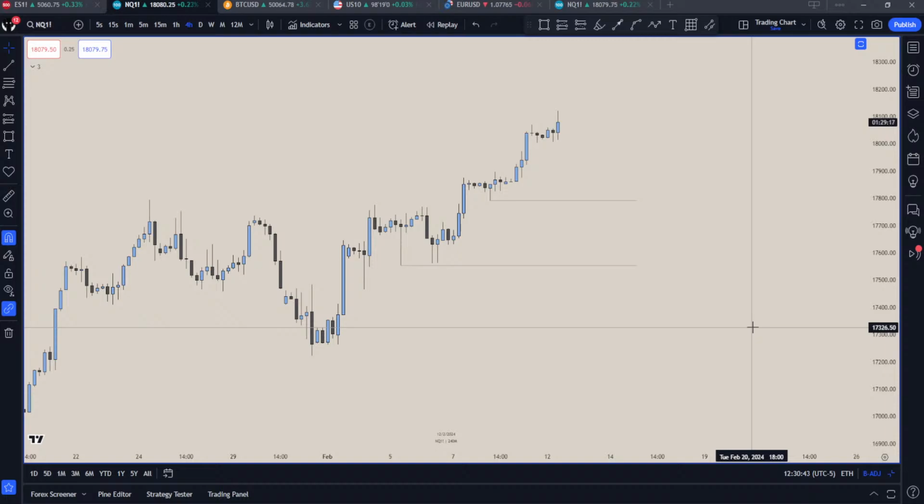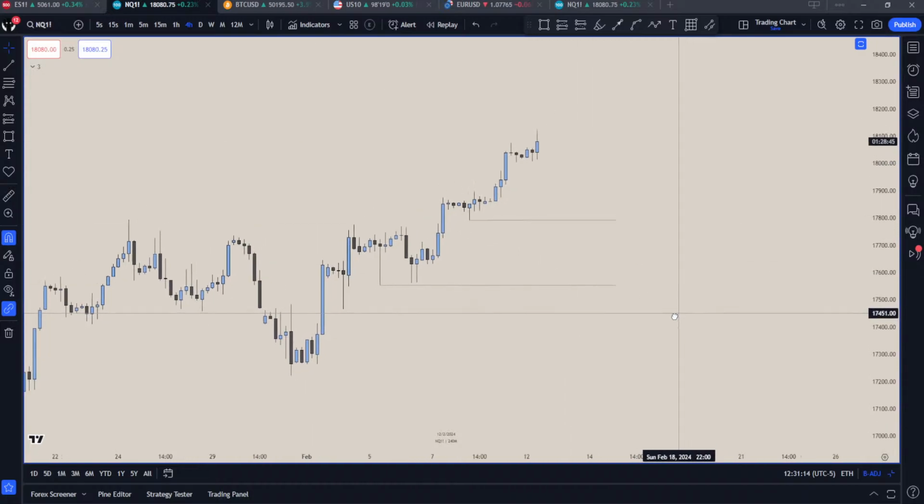I mainly trade index futures, and for forex and commodities or whatever else, I've been tape reading those and doing analysis on it. Index futures is just my baby, so that's where I excel.